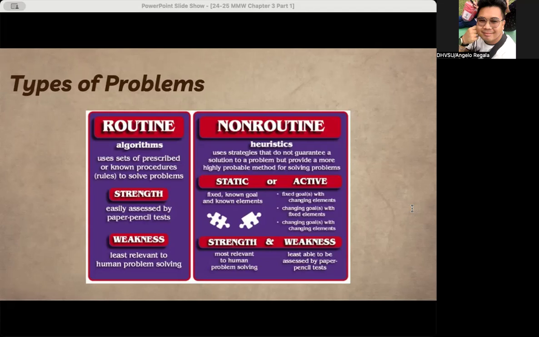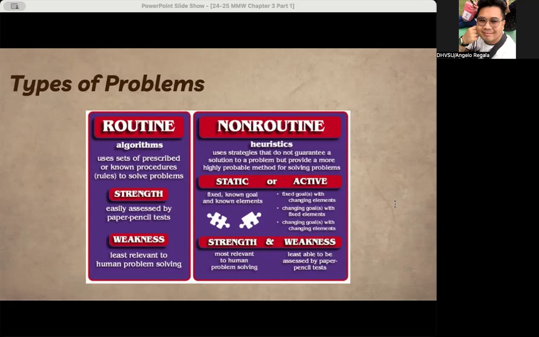Okay. So pag sinabi nating heuristics, ang pinag-uusapan po natin is procedures or processes na pwede mong gawin. However, it will not guarantee you na that would solve the problem. Kumbaga, trial and error ang process natin kapag heuristics.